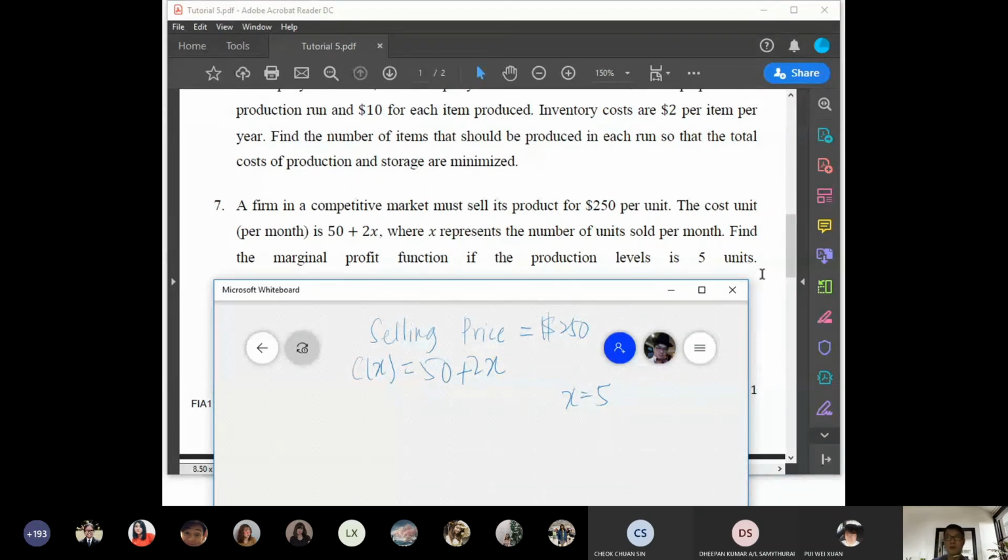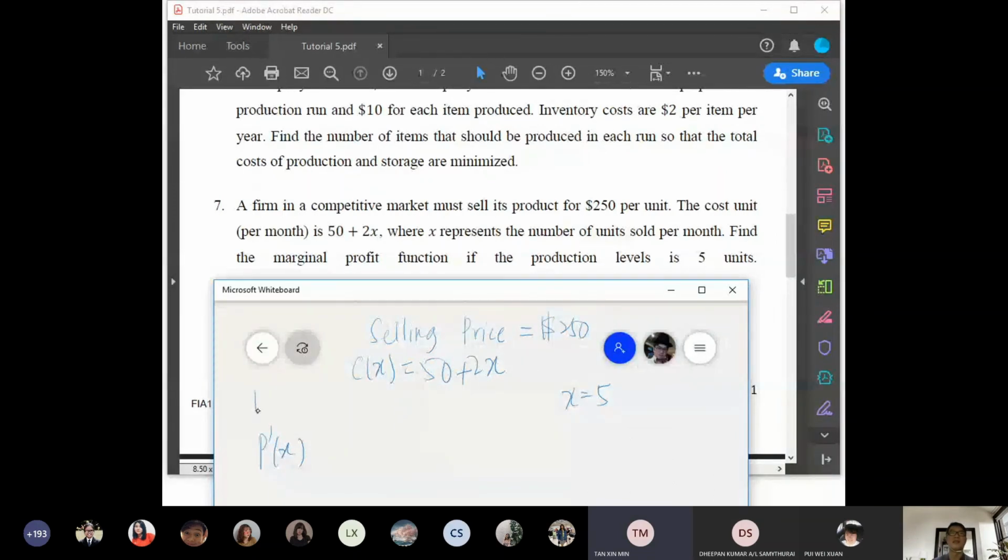Now, how do we find the marginal profit function? Before we find it, what do we need to do? Xin Ming: Revenue function minus cost function to find the profit function.